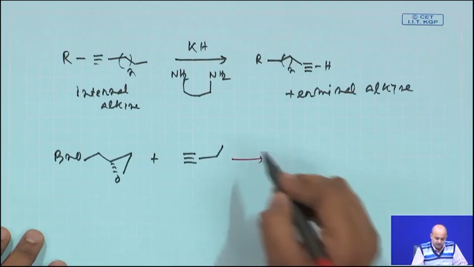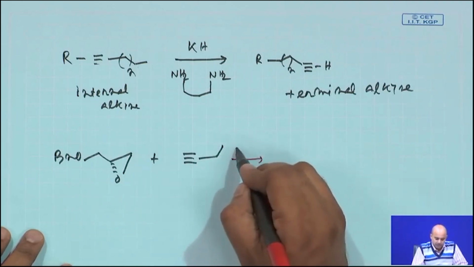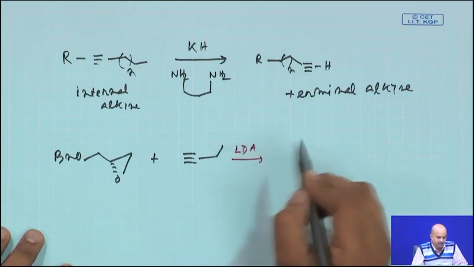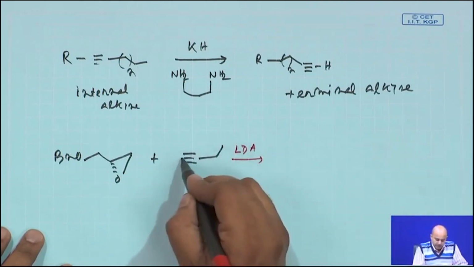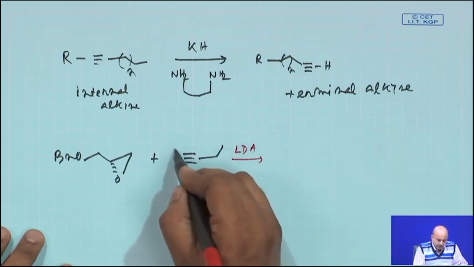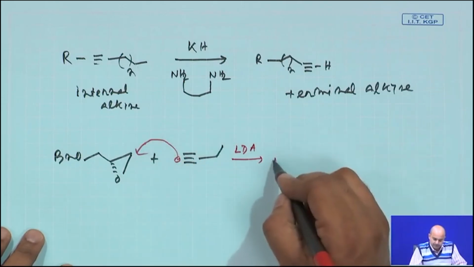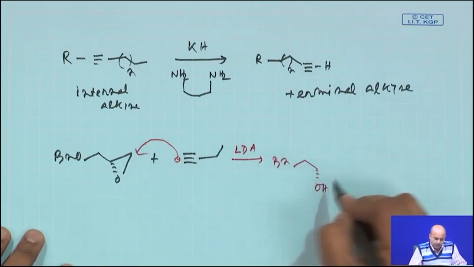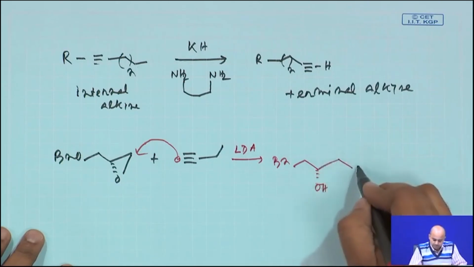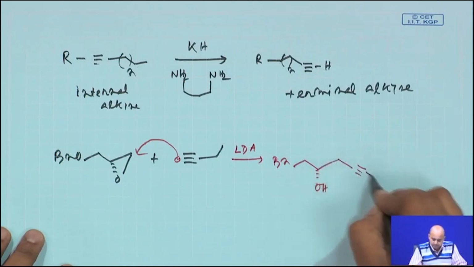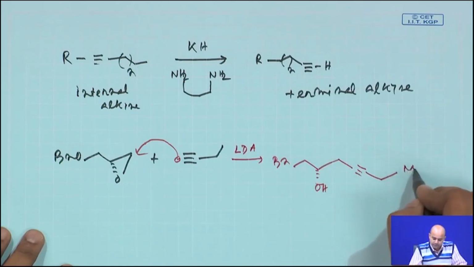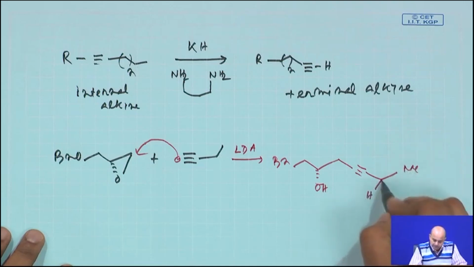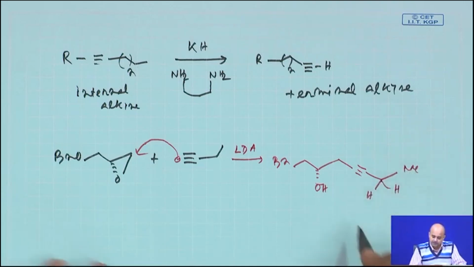So, initially opening of this epoxide through a base like LDA will give this minus here, this minus will attack this, and you basically get this OH, CH2, CH3. So, now the scene is ready for the zipping.